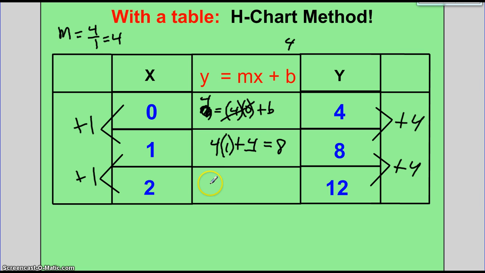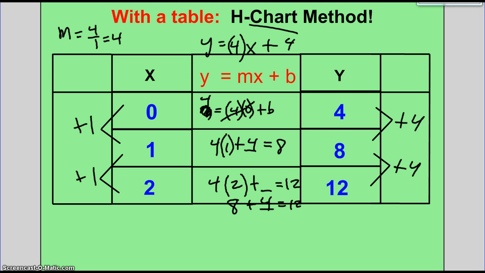So if I have my slope, which is 4, my x is 2, plus something gives me 12. 4 times 2 is 8, plus that something gives me 12, and I know it's 4. So my equation is y equals my slope, x, plus 4.